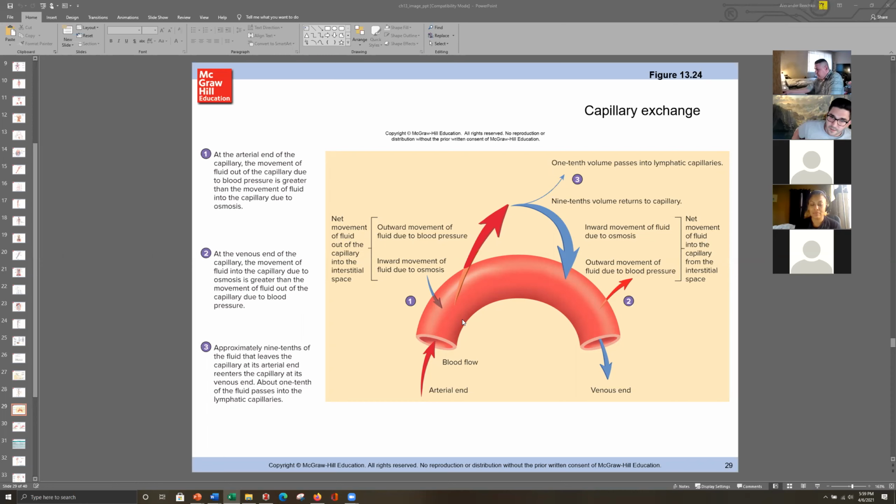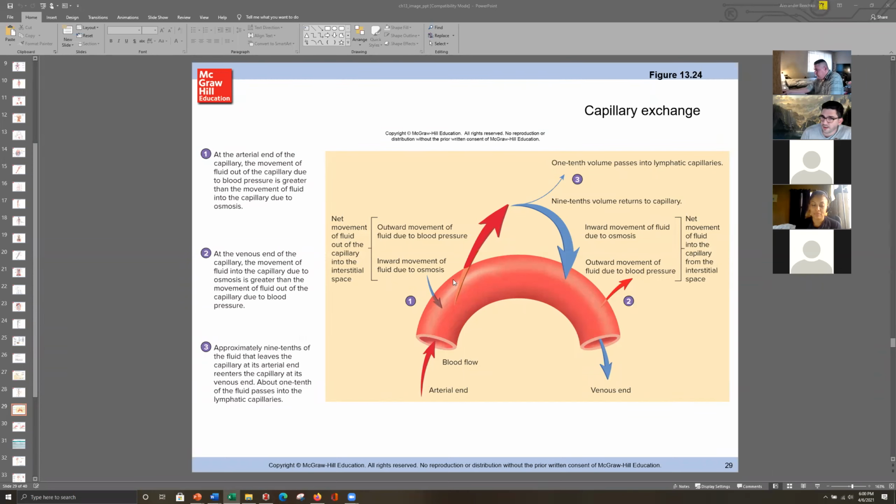I apologize for that. So how the heck are we going to actually exchange nutrients with our tissues if we have next to no mean arterial pressure here? Well, we still have some. We still have a little bit of blood pressure in the arterial end of the capillary bed.